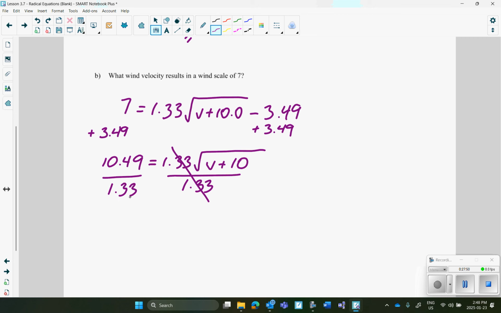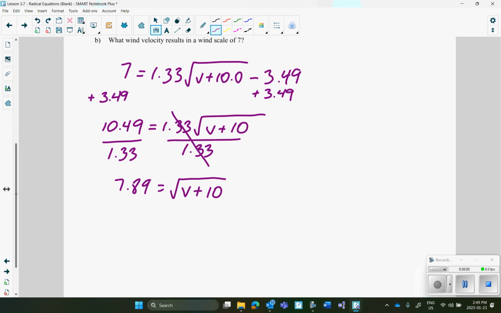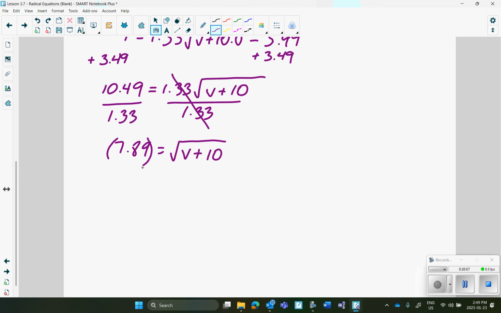That's going to give us an approximate answer of 7.89. So 7.89 is equal to the square root of V plus 10. Now you square both sides, and you get V plus 10 equals whatever that is squared, which is what? I'm going to say 62.25.